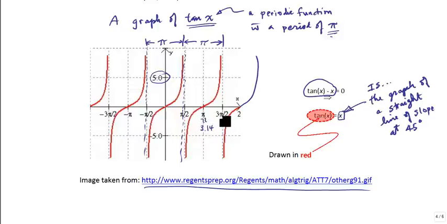That means that 3 pi over 2 has a value of approximately, if you multiply pi times 1.5, which is what 3 halves is, you're going to find a value of approximately 4.71. So 5 is going to sit just to the right of this somewhere. And so if I extend this line up here and intersect it with the 5 over here, this is where I'm saying 5 ought to be.